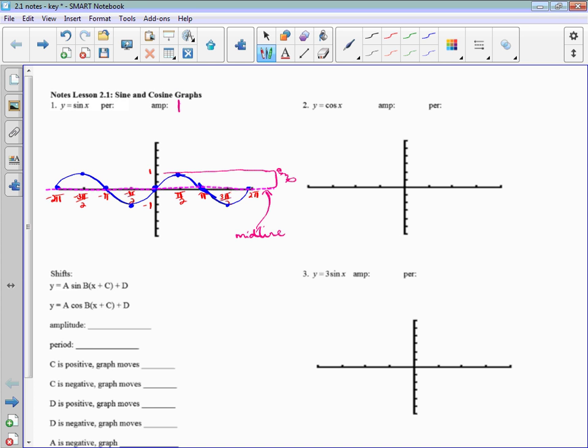The period of a graph is just how long it takes before the graph starts repeating itself. So you guys see, I start at 0. After 2 pi, isn't it just going to start over? Okay. So this distance is a length of 2 pi. That's what the period is for the parent graph.